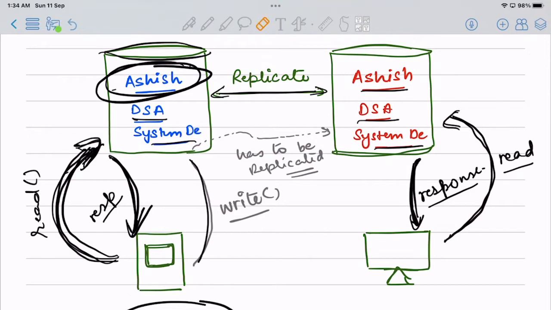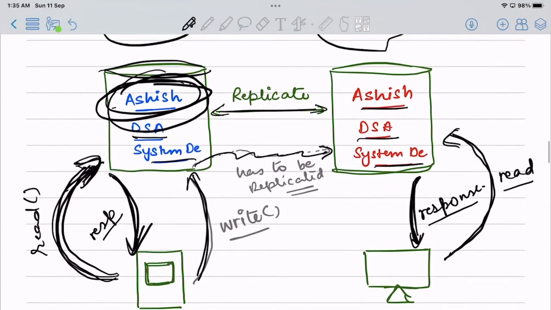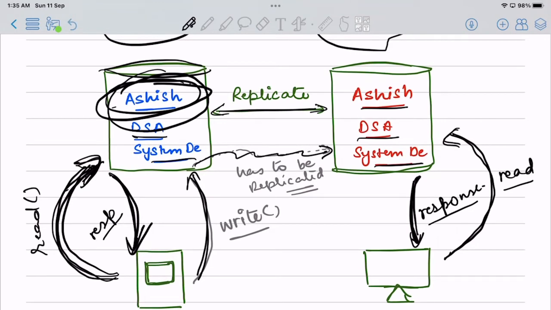If it gives a write request here, then once the write request goes into this, that has to be replicated to this database also, because many people are accessing from different database servers, and they need to have that particular data on the other replicated servers as well. Now assume that, so this is called partition tolerance.